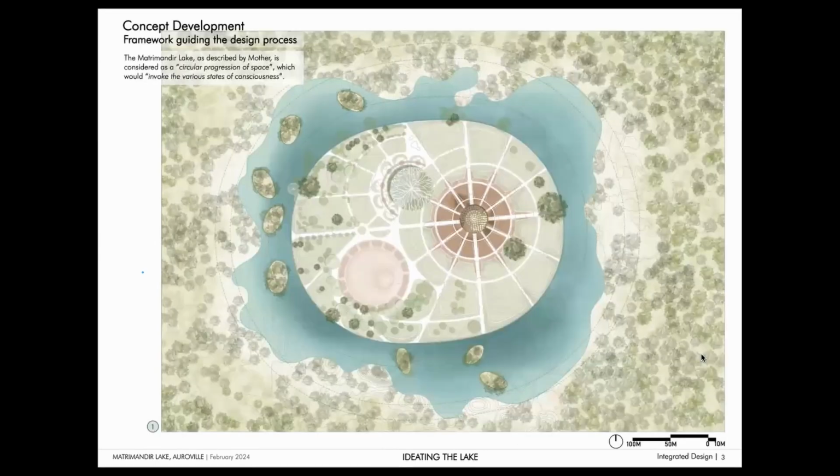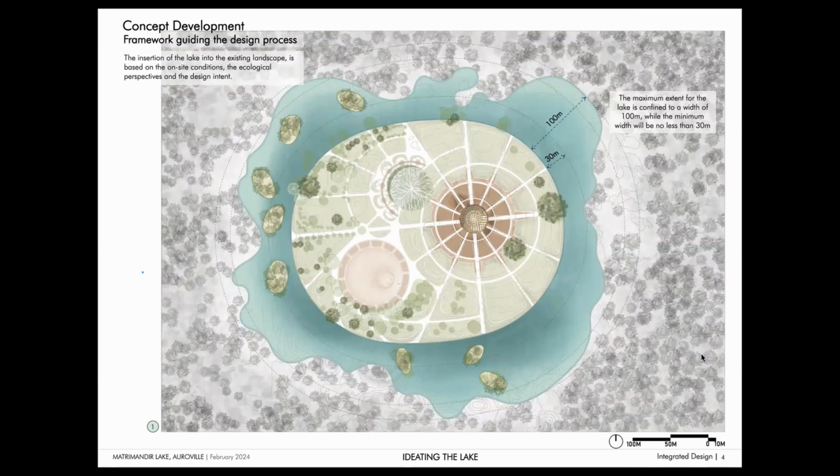The concept development process, we are going to run through this very briefly, where we are starting with the idea of the circular progression of space as described by the Mother to invoke the various states of consciousness. And when we look at some of the criteria that had been put in place, for example, that the width of the lake should be approximately 100 meters.